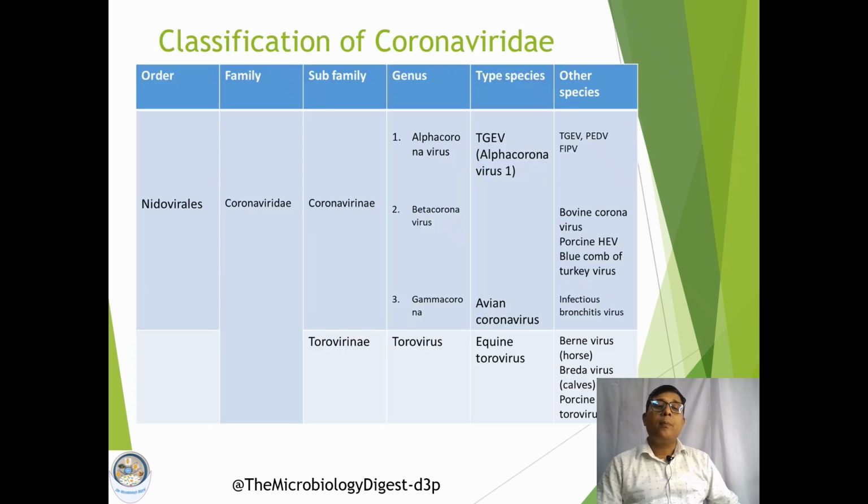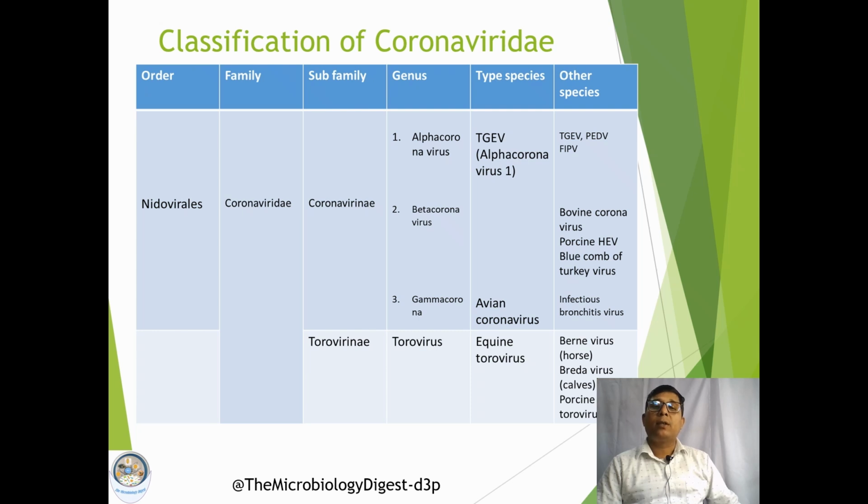This is the classification. The order is Nidovirales, the family is Coronaviridae, and it has two subfamilies: Coronavirinae and Torovirinae. The Coronavirinae subfamily is further classified into three genera: alpha coronavirus, beta coronavirus, and gamma coronavirus. Torovirinae has only one genus, Torovirus.